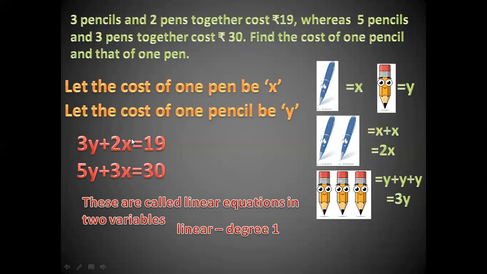Therefore, these are the equations of degree 1, and therefore they are called linear. They are equations because there is an equal sign. Here there are two variables, x and y. Therefore, these are called linear equations in two variables. You are going to learn to find the value of x and y later.